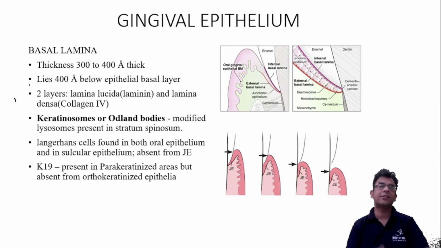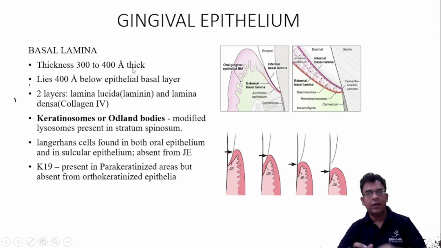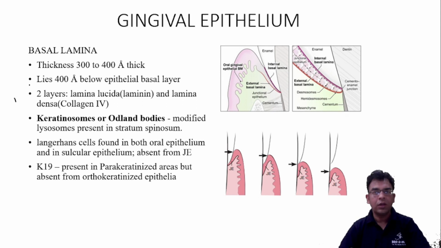But basal lamina specifically becomes all the more important. Its thickness and what it is composed of, lamina lucida, lamina densa. People make mistakes like what is internal basal lamina, what is external basal lamina. So all these tricky questions become all the more important, especially for INICET.